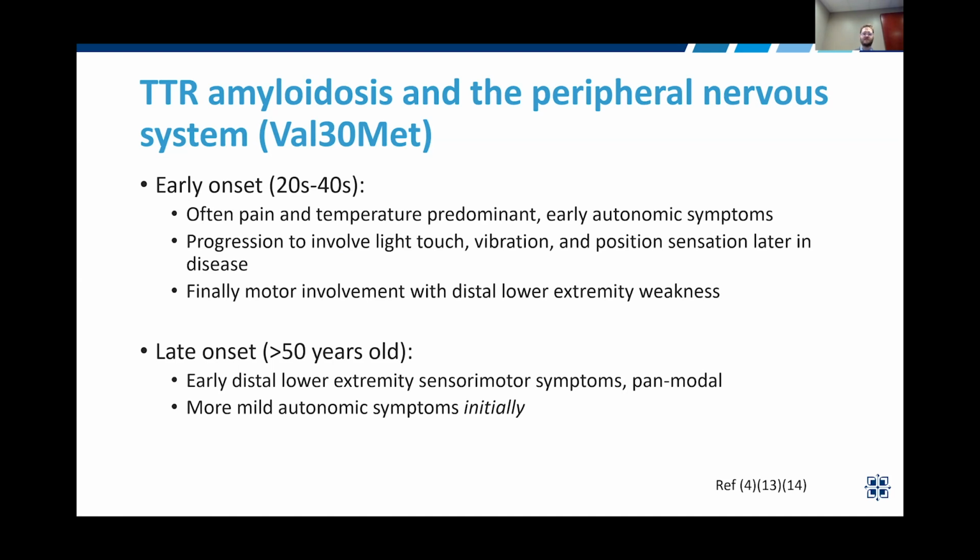Much of that determination has to do with whether or not they come from an endemic area, meaning an area with the mutation as a higher percentage of the population.